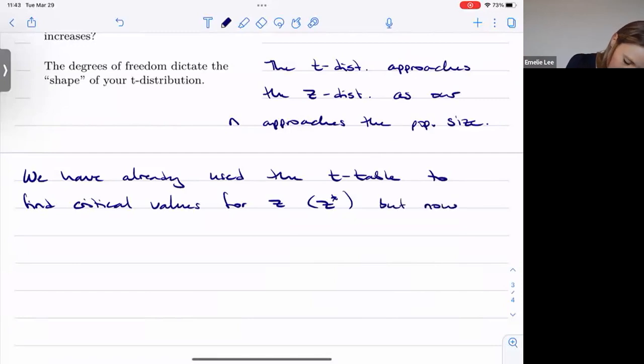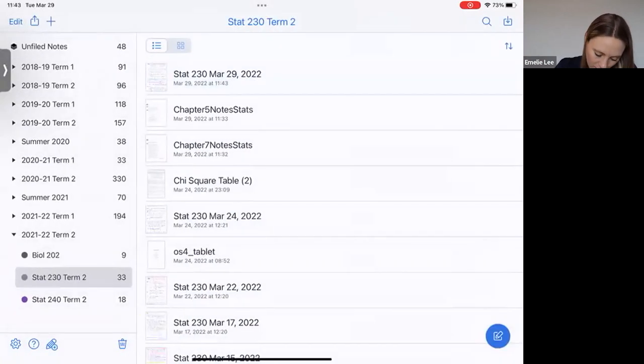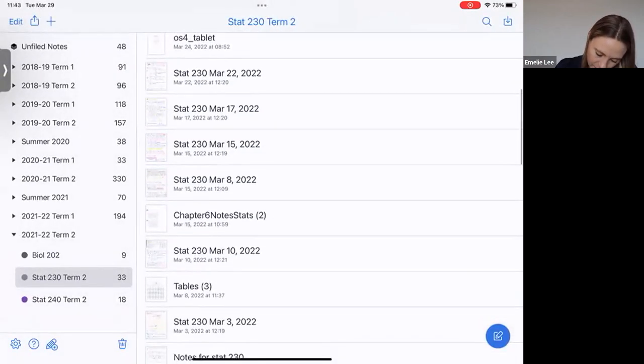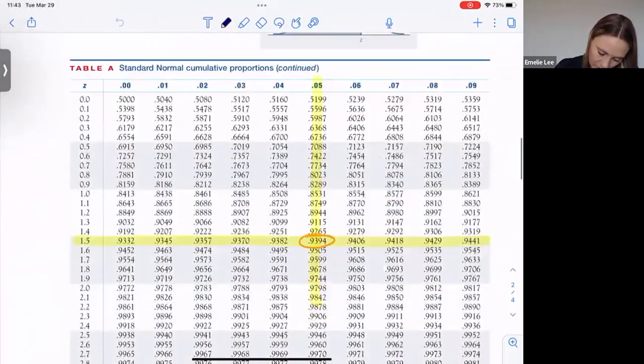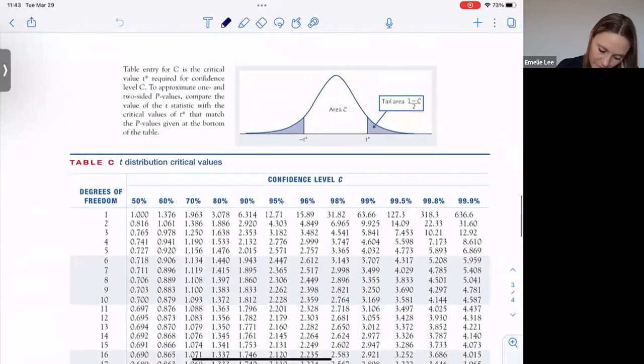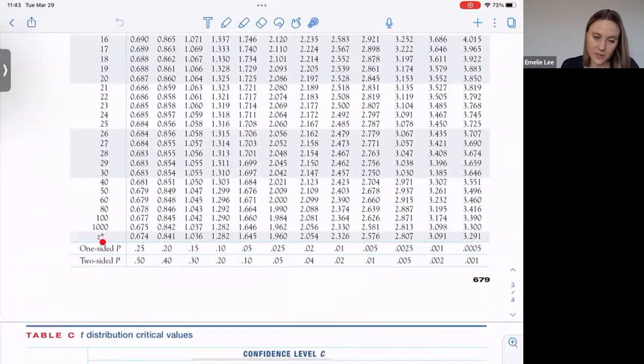But now we will use it for t's. So where are those tables? Table A. Okay, so we've already used this table to find our z stars.